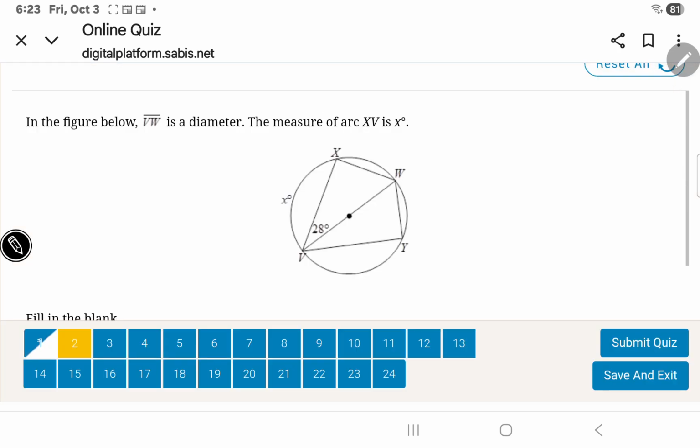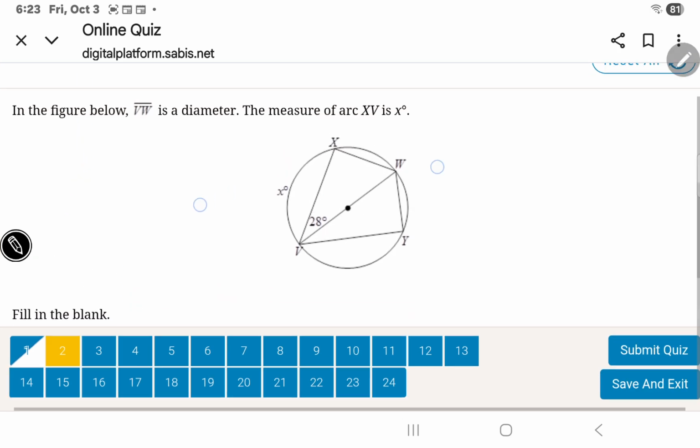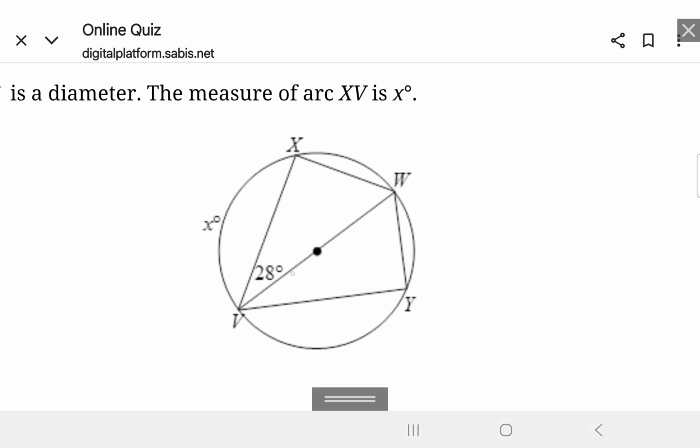Next question. Here we have to find x in this diagram. So the first step is to find this angle here. This angle is 90 degrees because it's the angle opposite to the diameter of the circle.